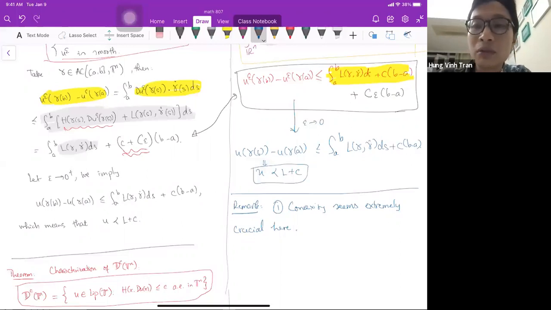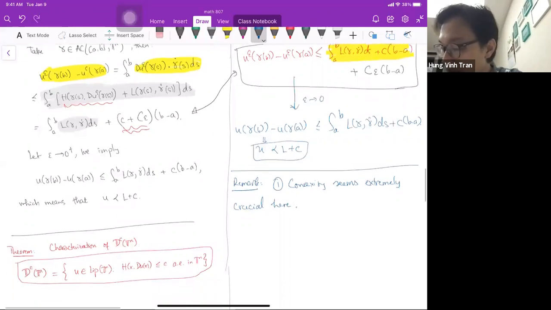So remember that if U is Lipschitz, then it's not differentiable in a set of measure zero, right? So the path gamma can easily go on that whole set where U is not differentiable. But still, it's differentiable almost everywhere. It is differentiable almost everywhere, sure.